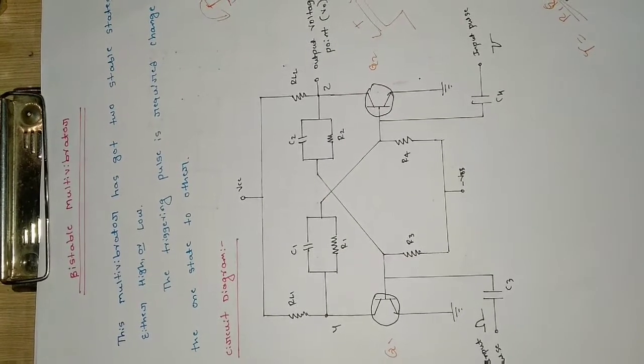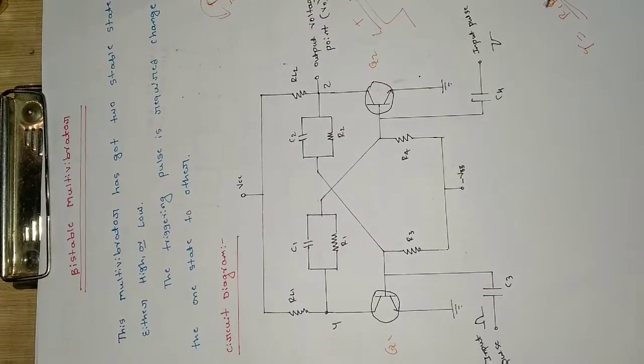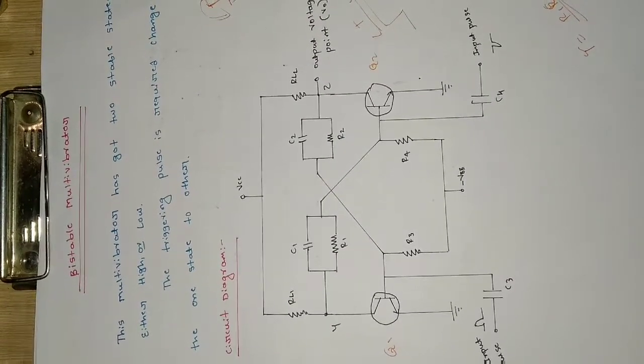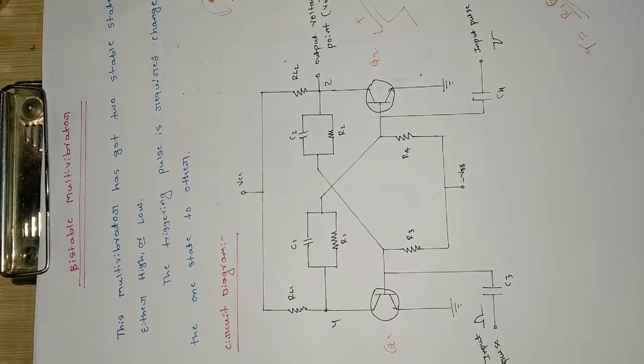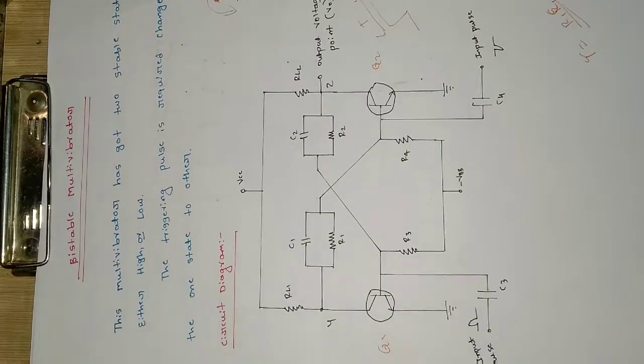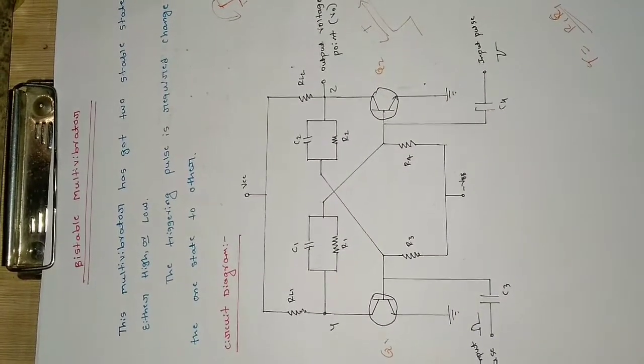If you want to increase the time period of this pulse or output, we have to increase either the resistance or capacitance. So the time constant decides the time period of the pulse. Similarly for Q1 we have C2 and R2.